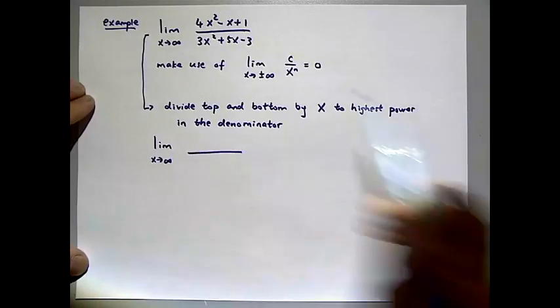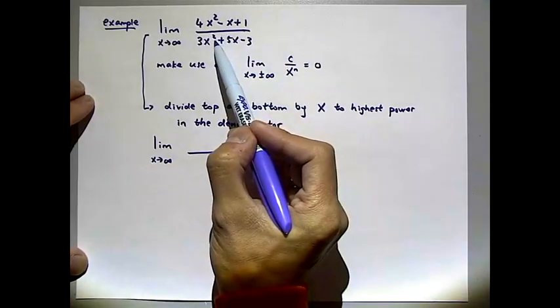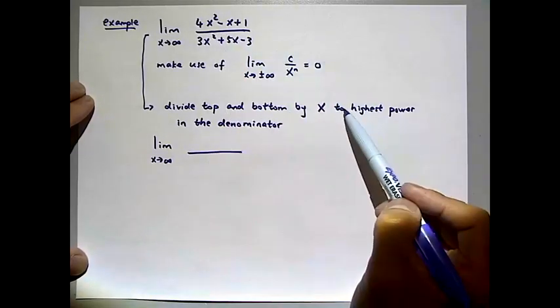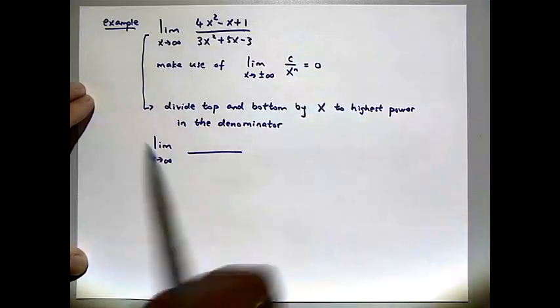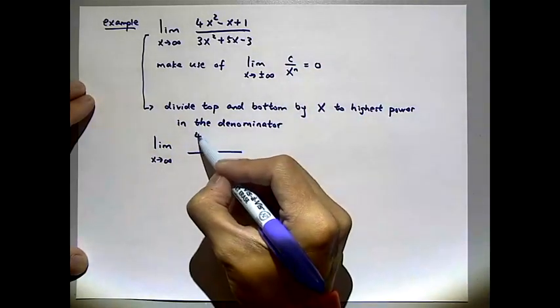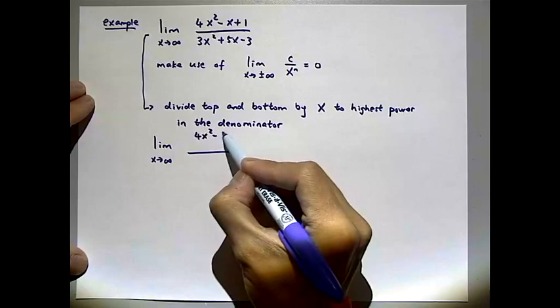All right, so I notice the highest power is a 2. And I'm going to divide the top and the bottom by x squared. You can always divide and multiply by the same thing.